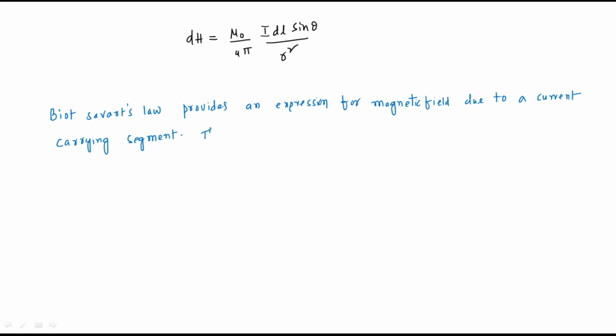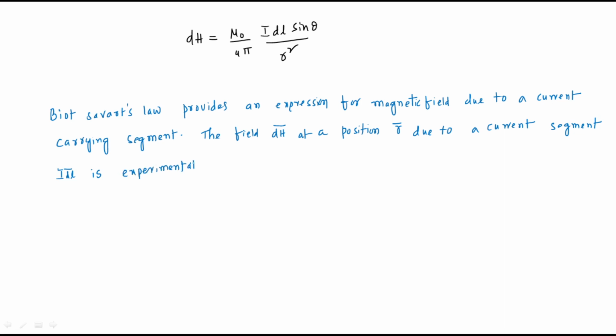The field dH, a vector at a position due to a current segment I into dl, is experimentally found to be perpendicular to dl and r.